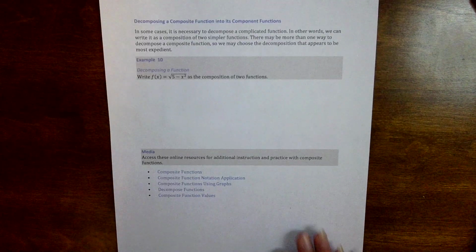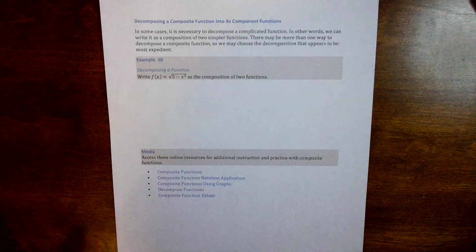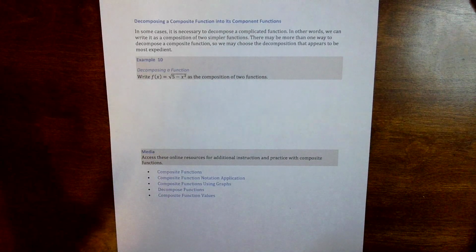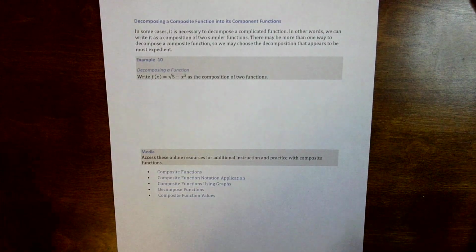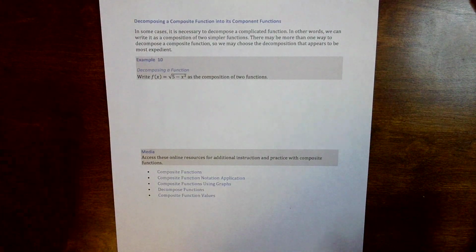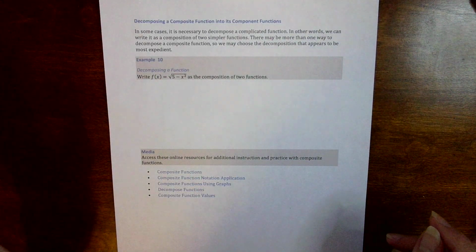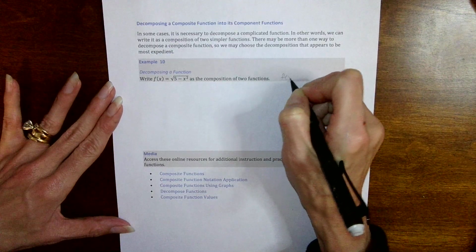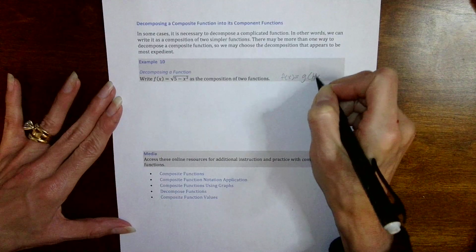Alright, so if we can make something, we can break it, or if we can compose, we can decompose, okay? And sometimes this is up to interpretation, okay? There may be more than one right answer, but if I was looking at that and someone said, okay, make this into 2 functions that this could have been, okay? So let's say I want to say f of x is equal to g of h of x.